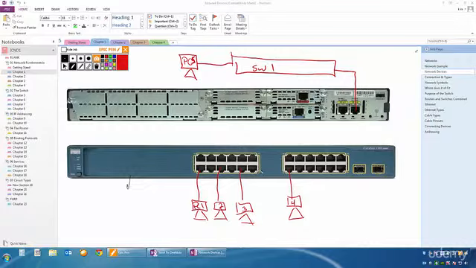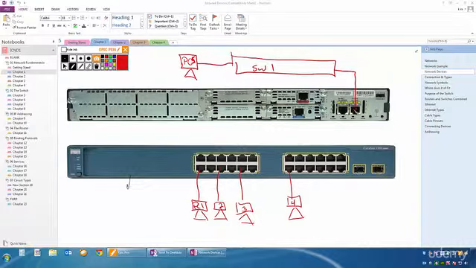Yes, but in our basic understanding of this, all this switch is on the same network. What I mean is all these PCs sitting on this switch will be in the same network. This switch up here has a PC sitting on a different network. And if I need to communicate with this PC and these PCs, I will use a router.